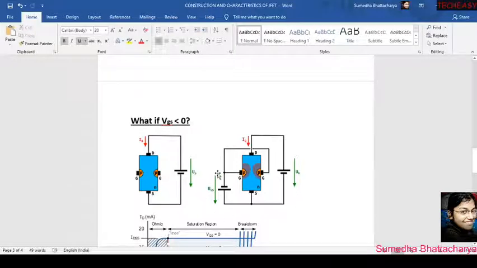Let us suppose VGG is minus 2 volt and VDD is 4 volt, then you do not have to wait for 4 volt for the pinch off voltage to come. Before 4 volt the pinch off voltage will come, because firstly we are already applying the VGS to this JFET, with the voltage minus 2 volts, so the depletion region will start accordingly without giving the VDD.